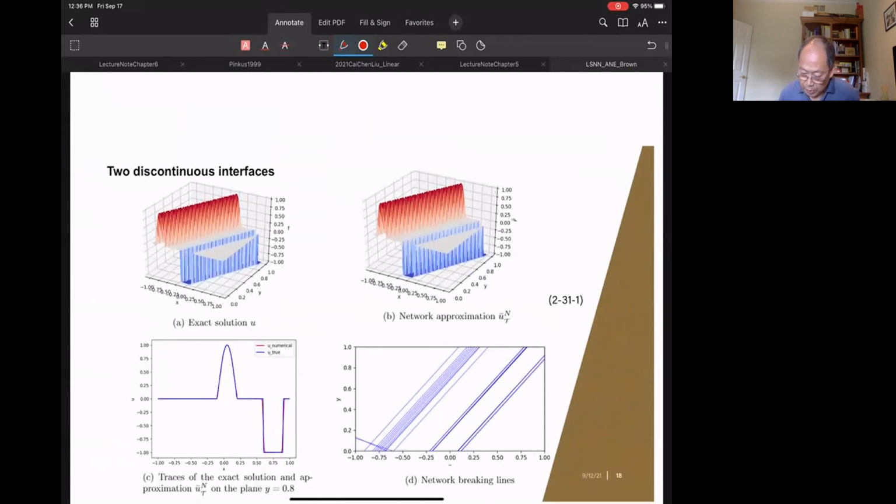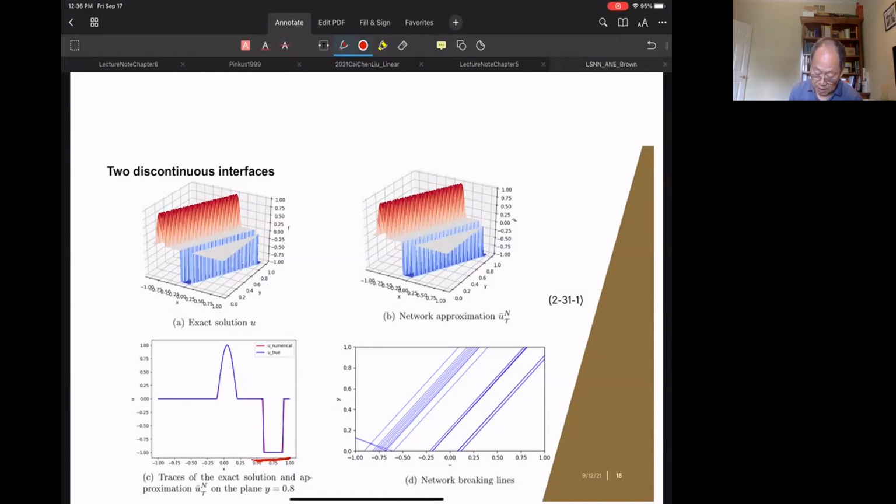Let me show you, when we published this paper, one reviewer thought that u_t plus u_x is too simple. So they gave us some more challenging problems. The profile looks more like you have 2 discontinuities, and some more complicated functions. Still, in the same sense, we can approximate that extremely well.